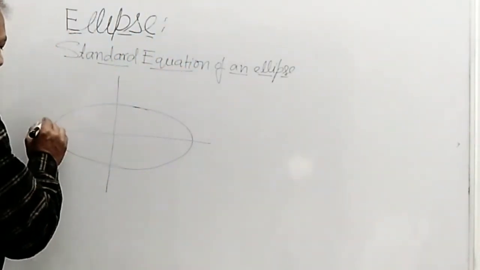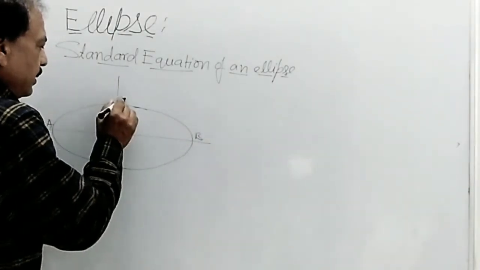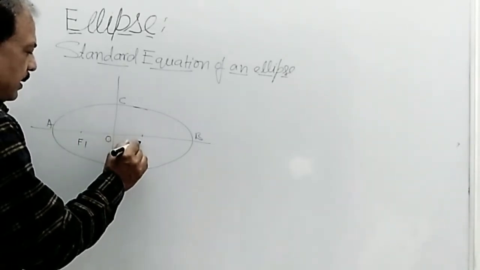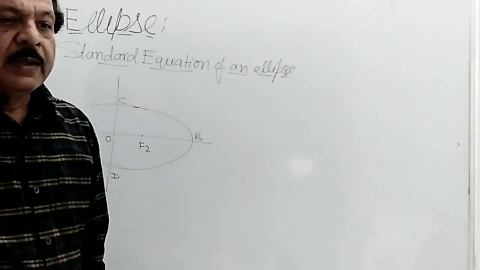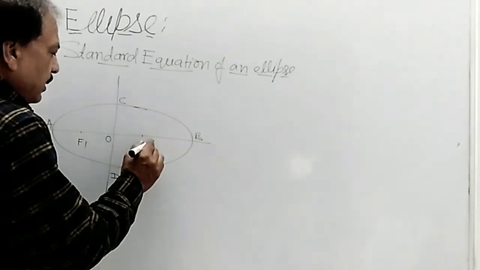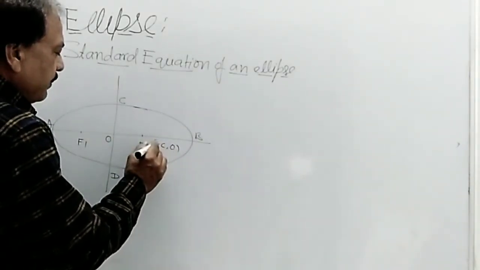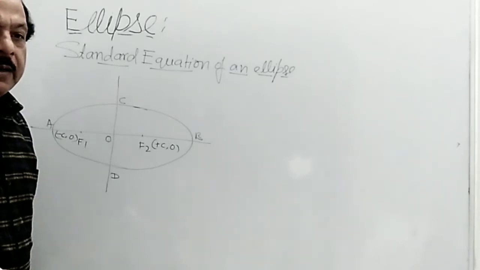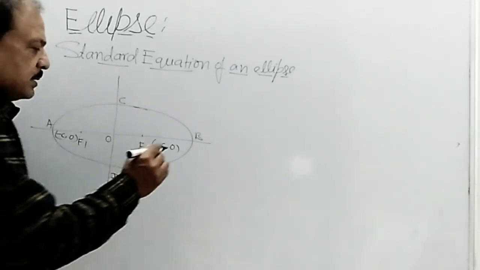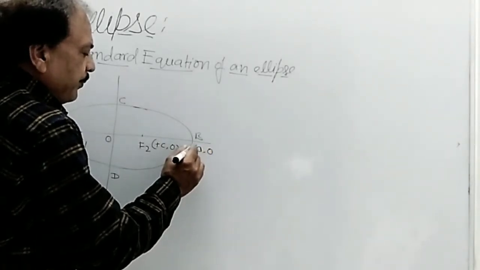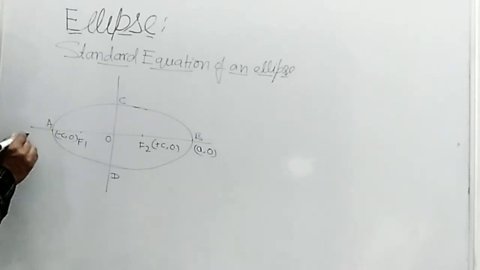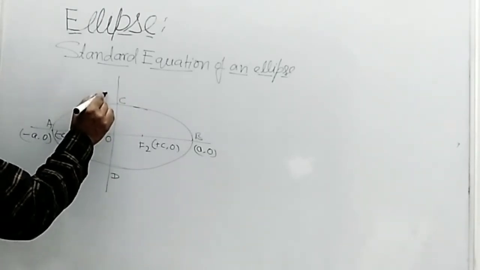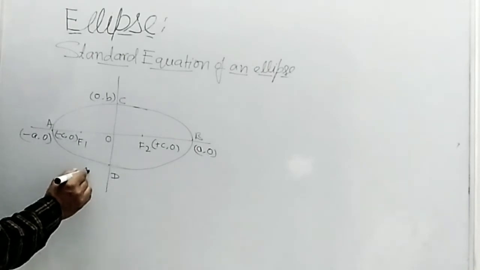Now consider A, B, C, D, O, F1 and F2, and these are the foci, with coordinates of the foci minus c, 0 and plus c, 0. The vertices are a, 0 and minus a, 0, and this is 0, b, and this will be 0, minus b.